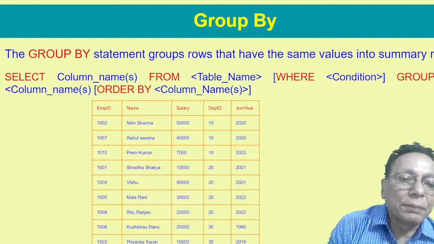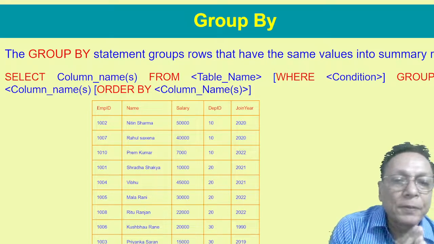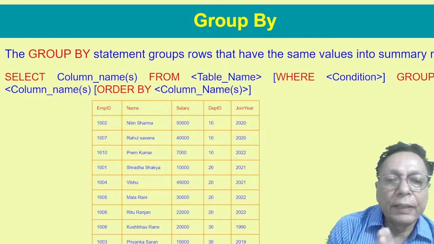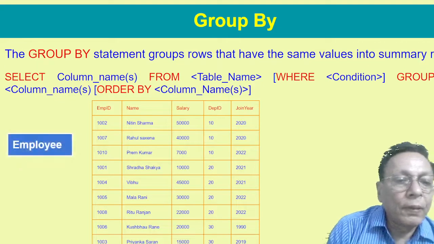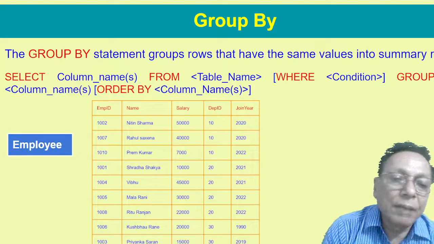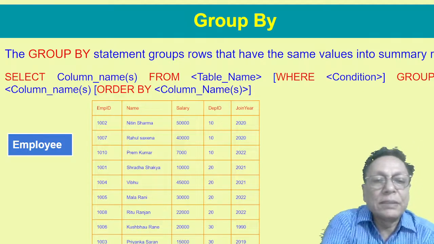Suppose this is a table where we see employees, salary, department ID, join year, and employee ID. The name of the table is say employee, and we are going to summarize the table.